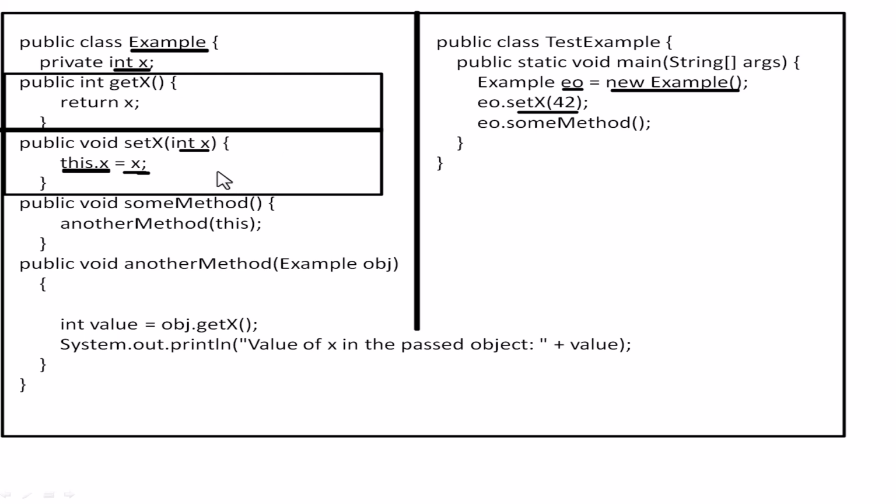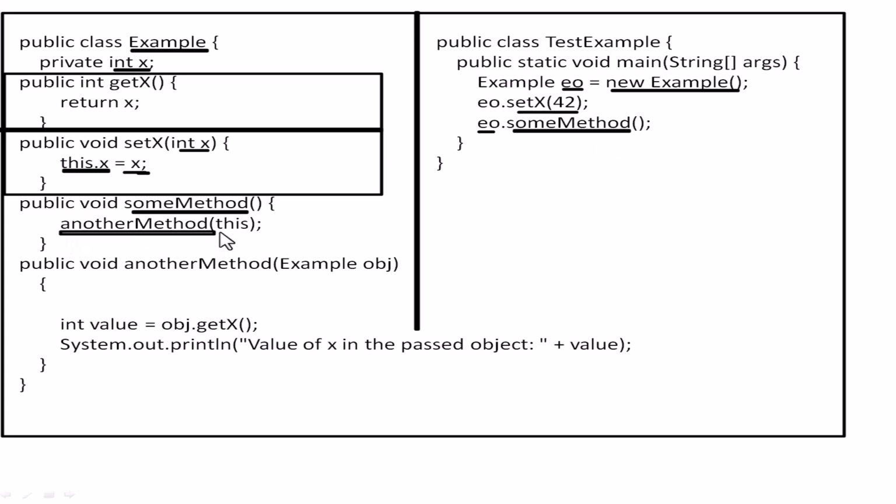Next we are calling the method evo.sumMethod. Sum method is the name of the method. Whenever you call this function, inside this method it is calling one more method.